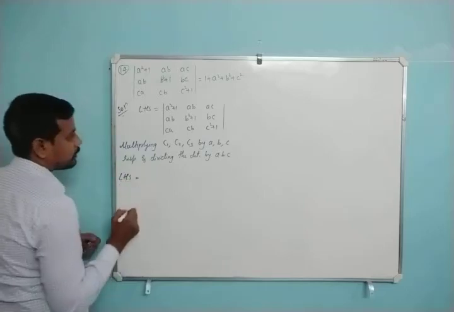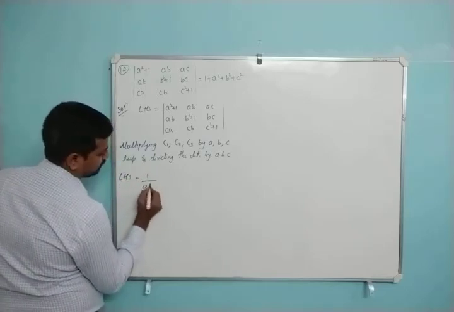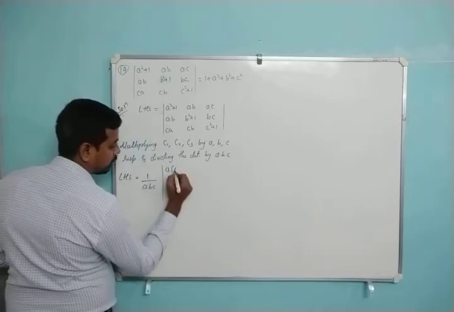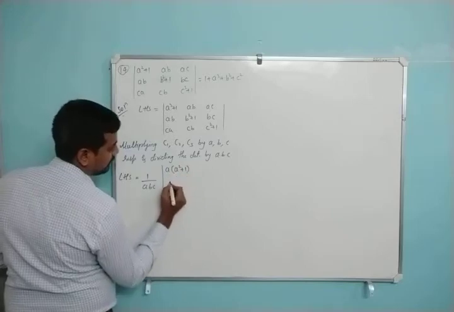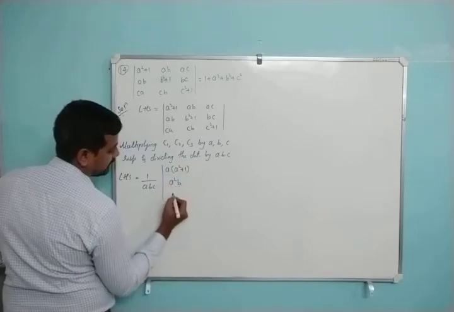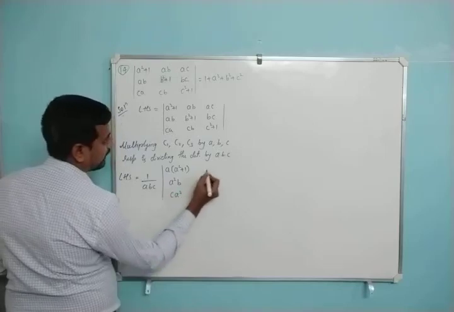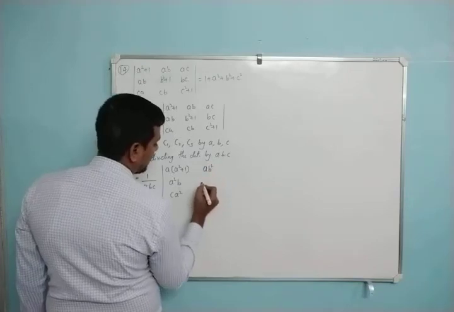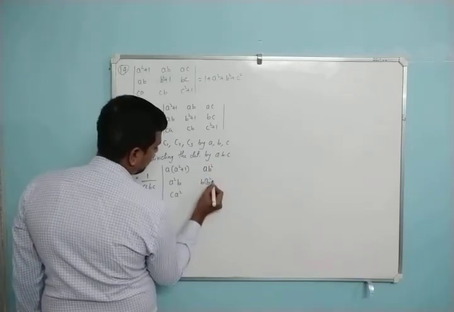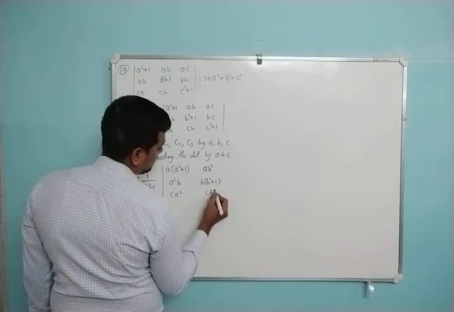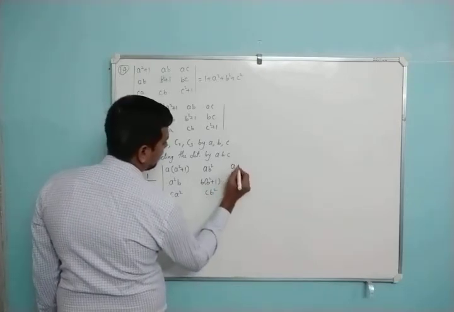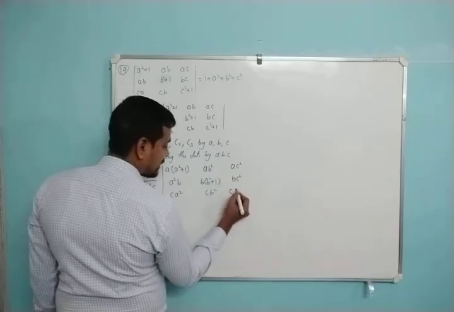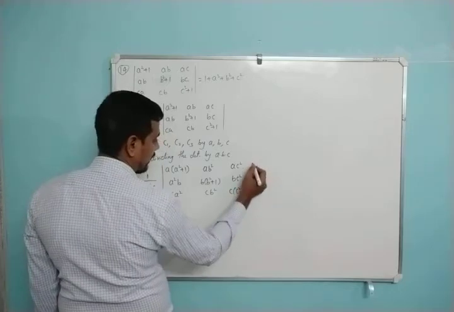So LHS becomes equal to 1 upon abc into the determinant with first column multiplied by a: a square plus 1 times a, a square b, c a square, and the second column multiplied by b: ab square, b into b square plus 1, cb square, and the third column multiplied by c: ac square, bc square, c into c square plus 1.